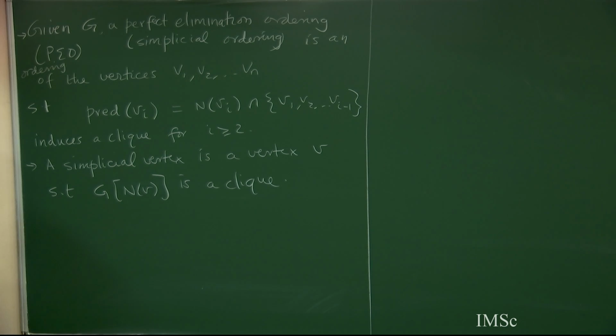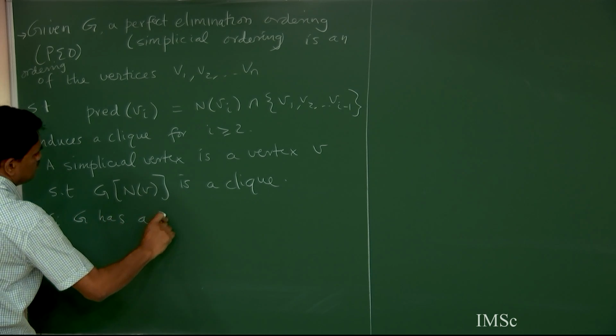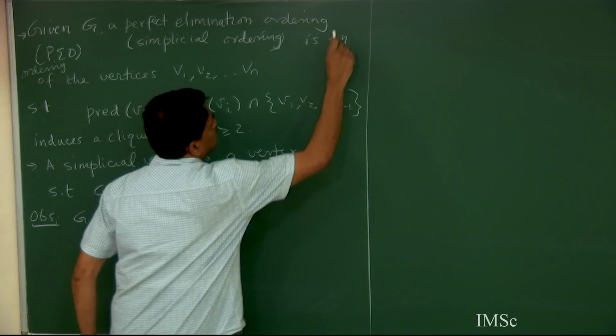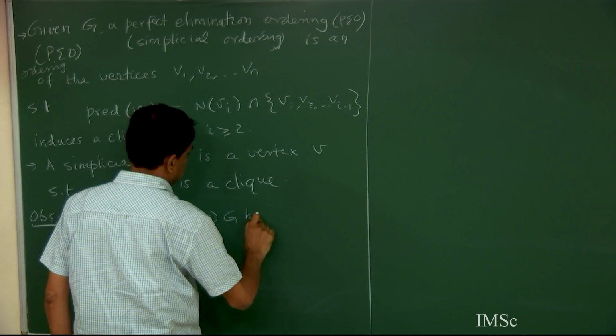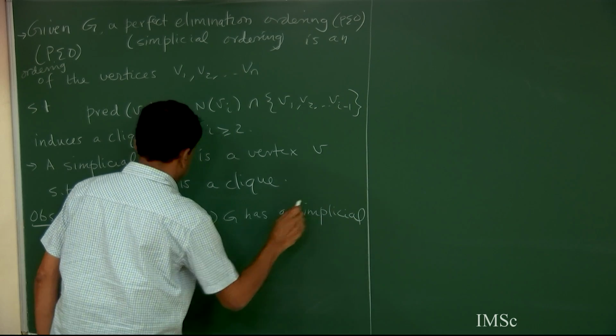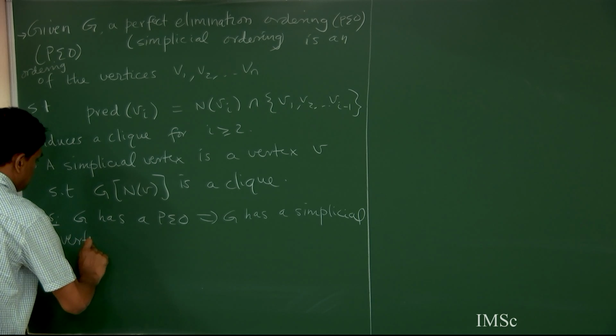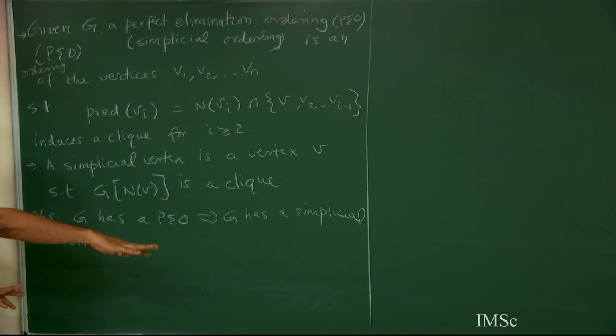Why is this true? The last vertex, because for a simplicial ordering, all we want is the neighbors before induce a clique.